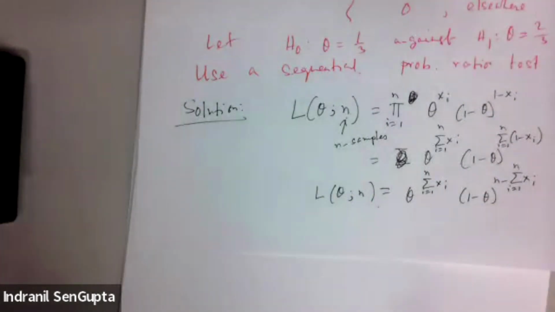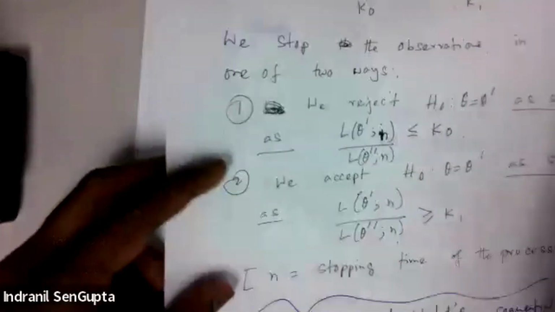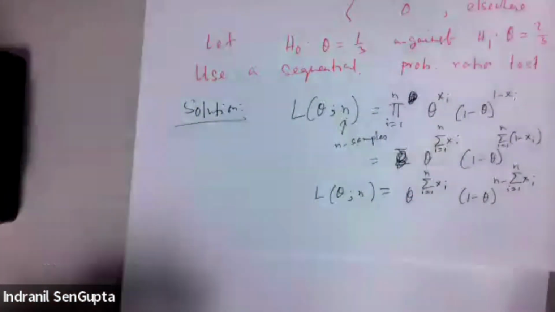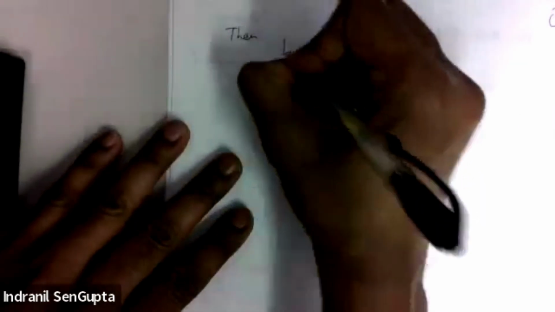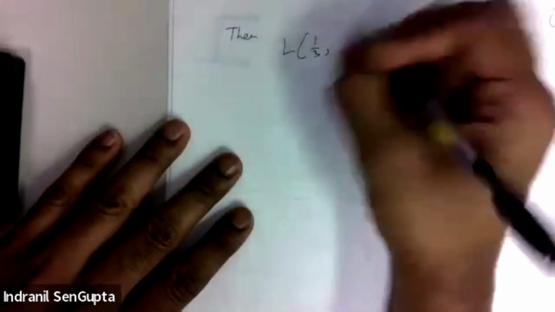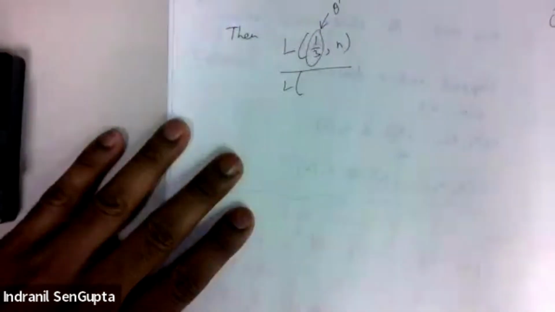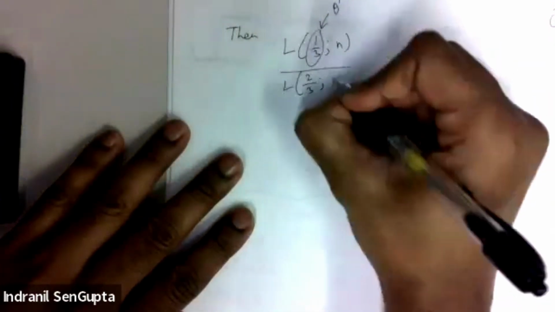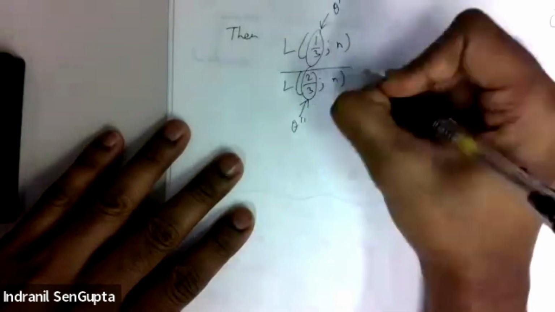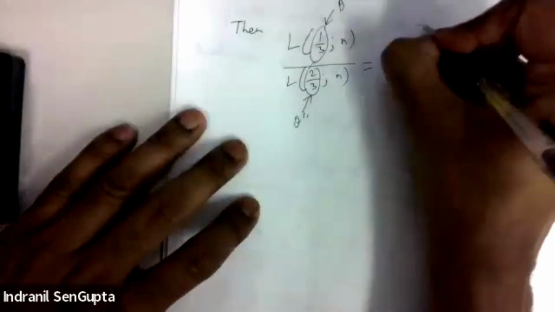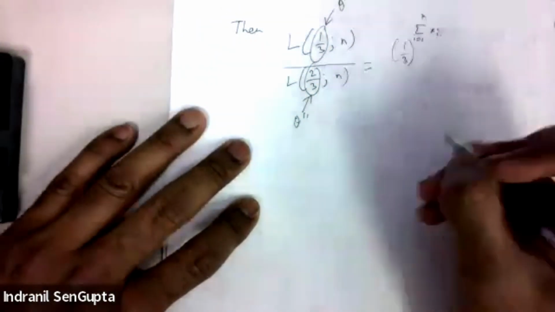Now, let's go back to the test. So what do you test? So we'll be computing this quantity, right? It's L theta prime over n over L theta double prime over n. So let's do it for certain n. So now, L of theta prime is 1/3. So that is my theta prime of n over L of 2/3 n. So this is really theta double prime. So that is going to be, first one is 1/3 to the summation of i from 1 to n xi.